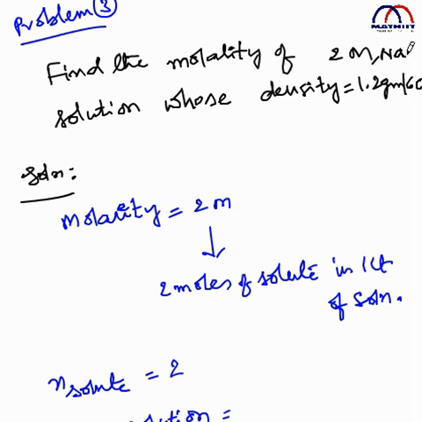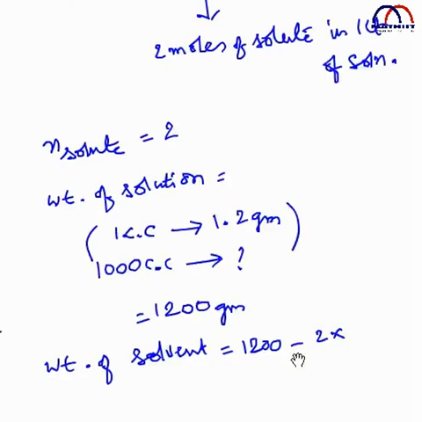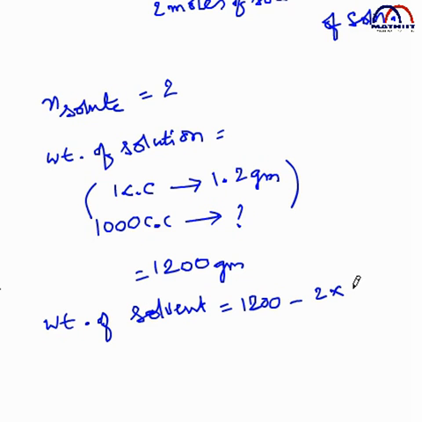Now 2 into the molecular weight, which is 40. The molecular weight of sodium hydroxide is 40, I am taking here. This is equal to 1200 minus 80.